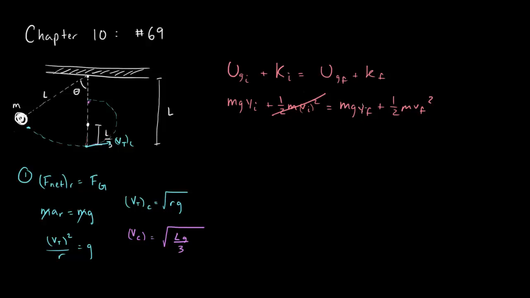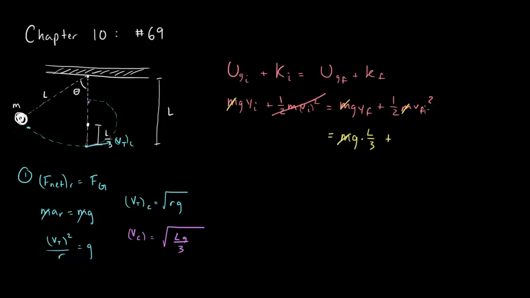My mg y final, I know my final height has to be the height of the peg. I mean, that only makes sense. So it's going to be mg times L over 3 plus, actually I'm going to remove all the m's, because you see that they're equivalent throughout.